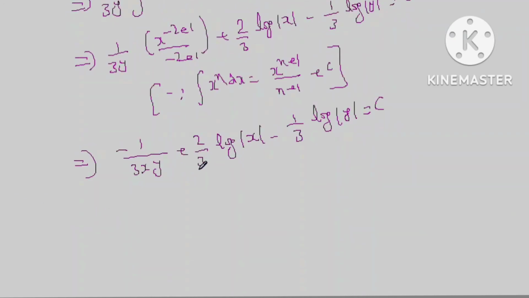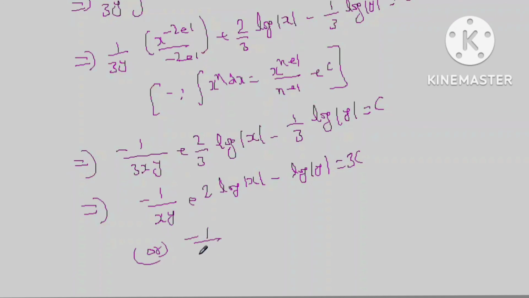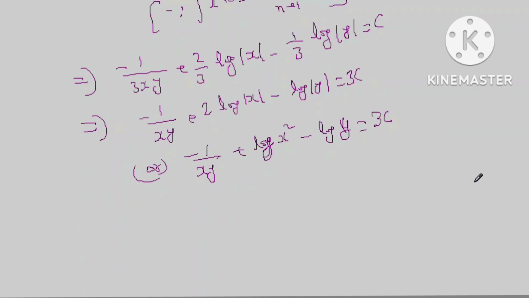So in the denominator 3 is common. You can take 3 and cross multiply, it will become 3c, or you can write it as minus 1 by xy plus 2 log x minus log mod y is equal to 3c, or you can write it as minus 1 by xy plus log x square minus log y is equal to 3c, or you can simply write 3c as c.